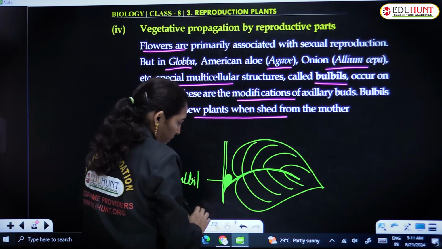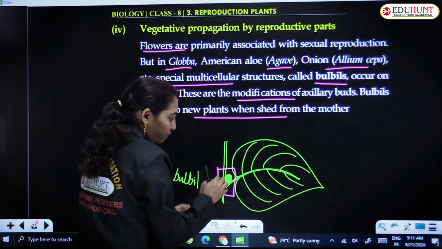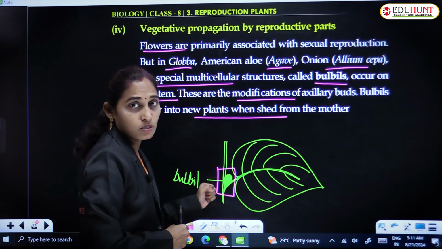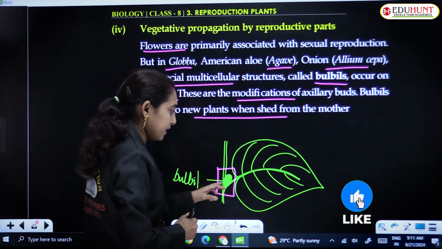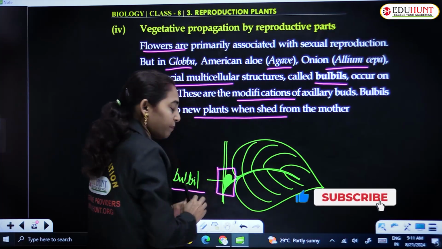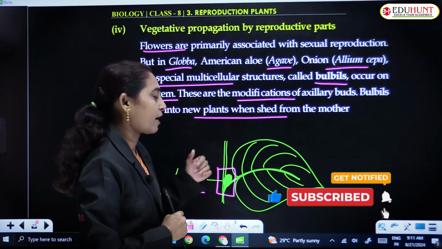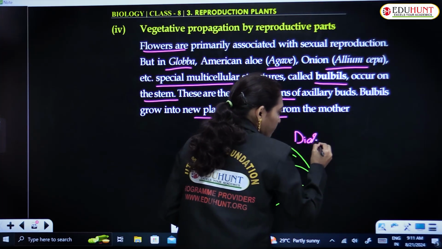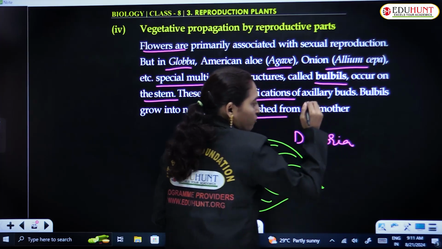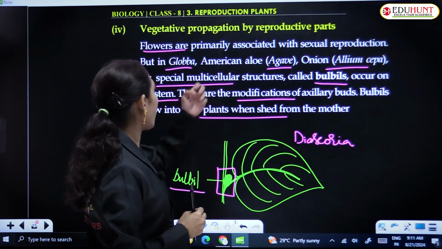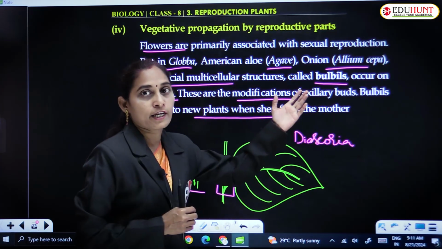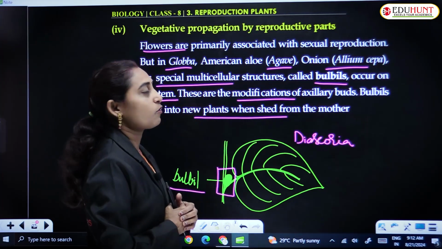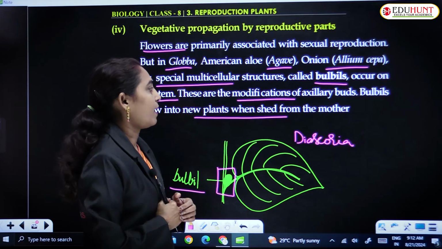Whenever it separates from the plant and falls on the ground, it germinates. This bulbil will germinate and give rise to a new Dioscorea plant. Dioscorea is another example. So I gave Globba, onion, and Dioscorea; all these are examples of vegetative propagation by reproductive parts.